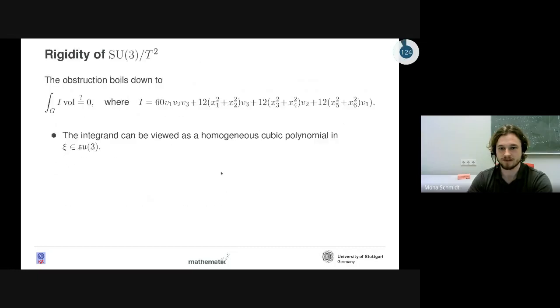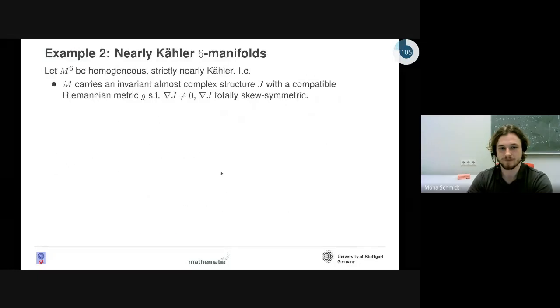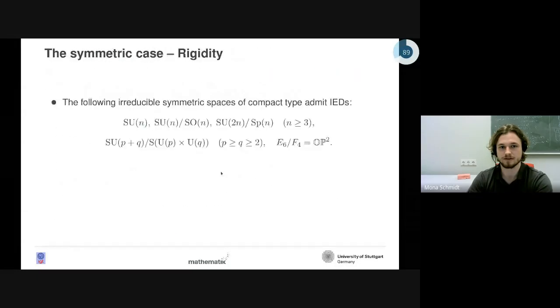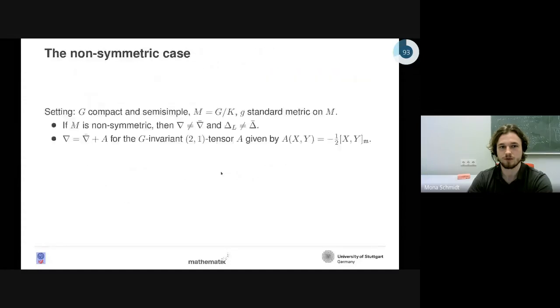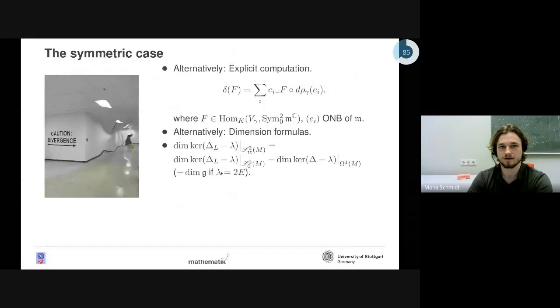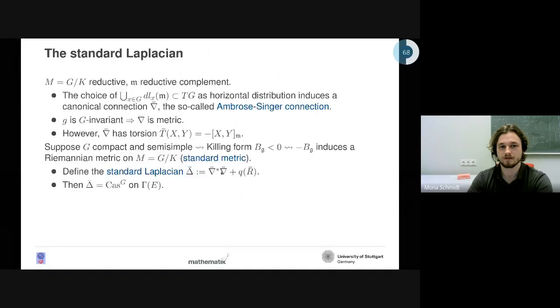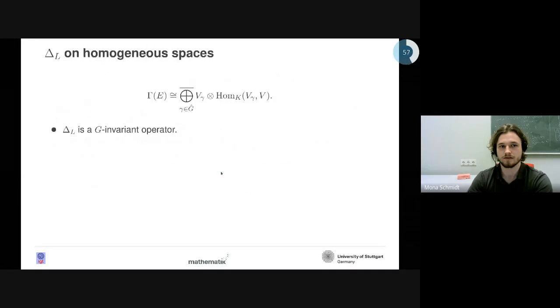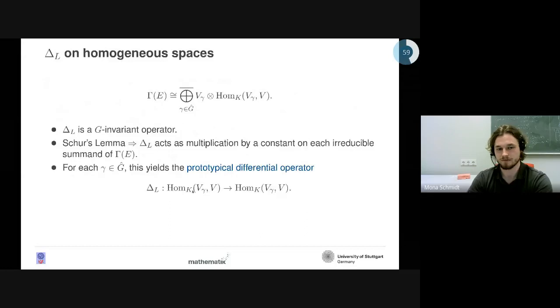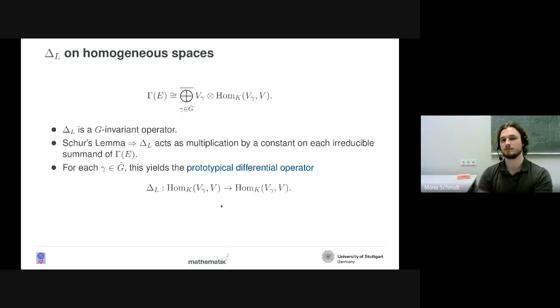So okay, let's get back to this prototypical differential operator here. Where was it? Here. So on each of those, V gamma is always associated to an eigenspace.